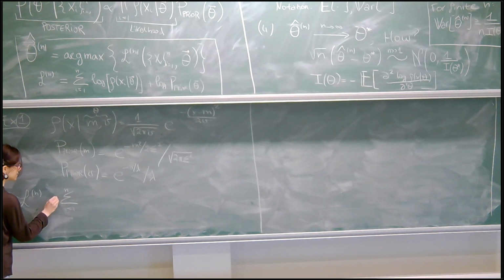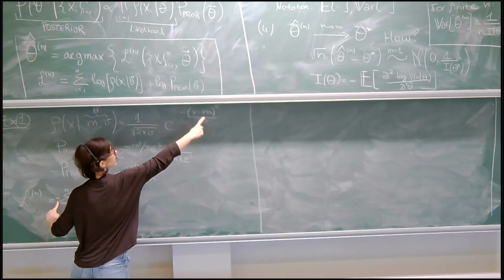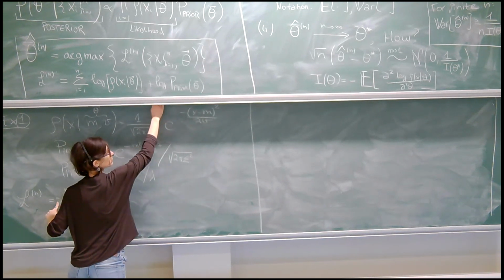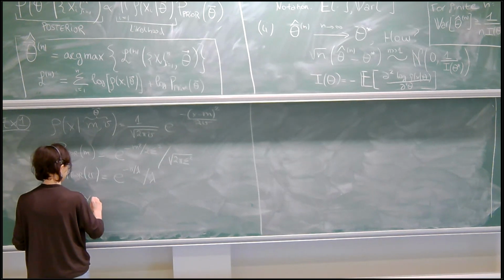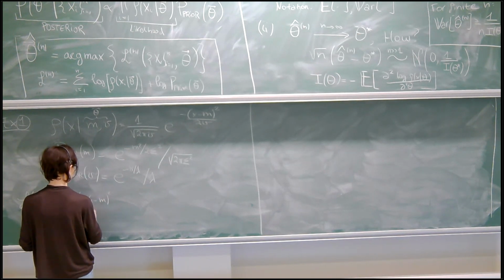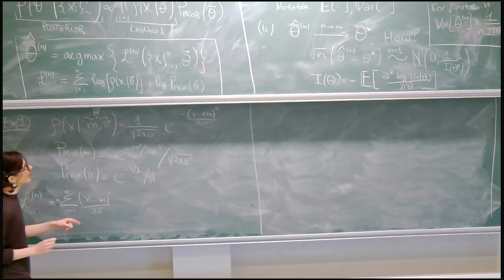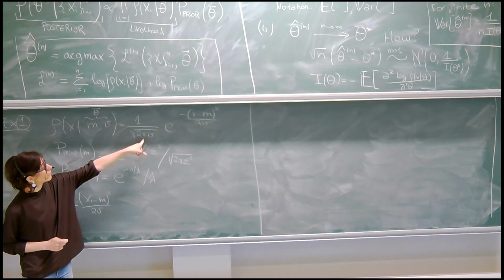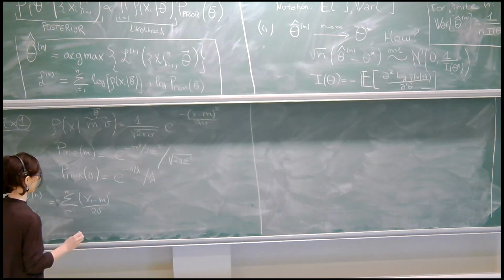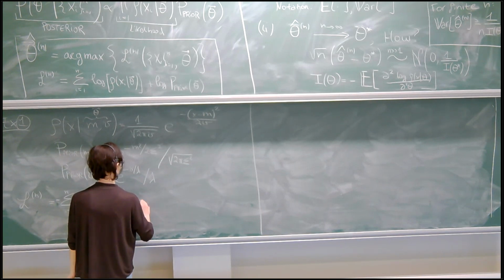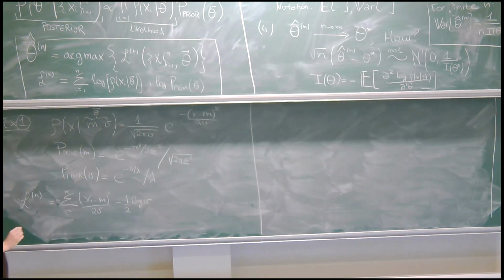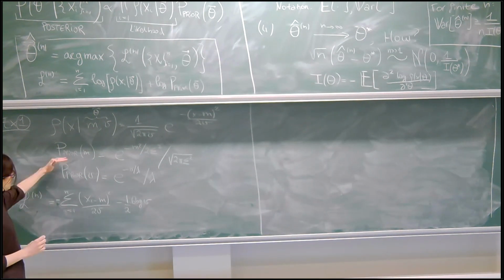So if I do this, I get the first term, which is the logarithm of this. So I get a minus sign, which comes from the exponential. So it's minus (xi minus m) squared divided by 2v. Then I have the logarithm of the normalization. So I just keep the factor of v, and this gives me minus 1/2 log of v. And then I have the logarithm of these prior distributions.